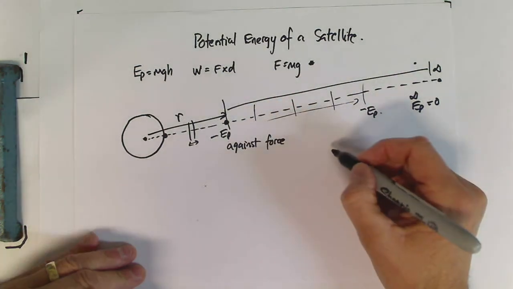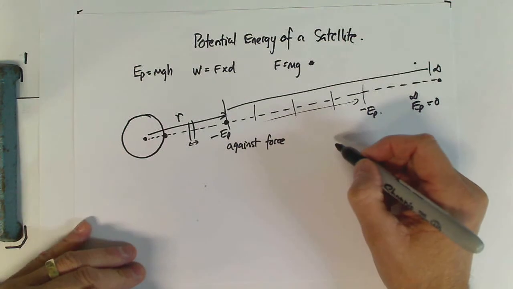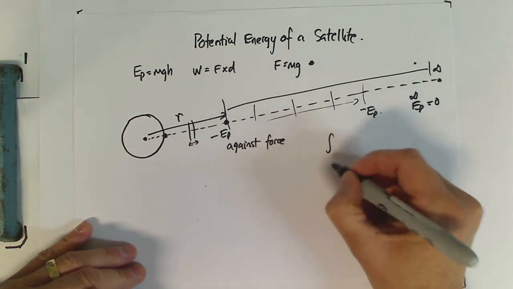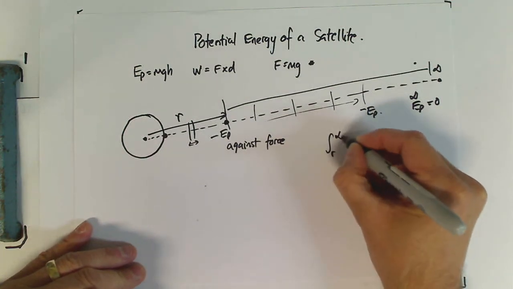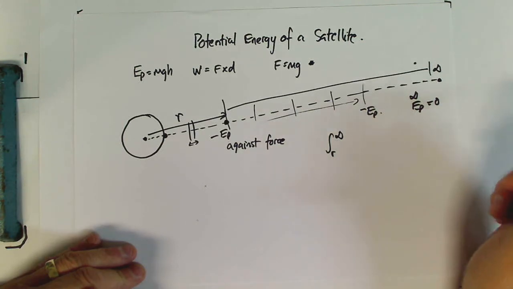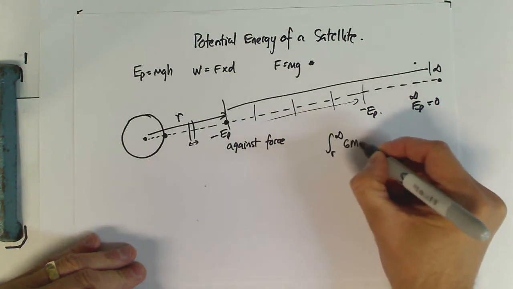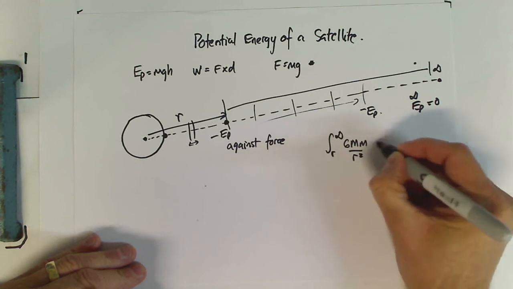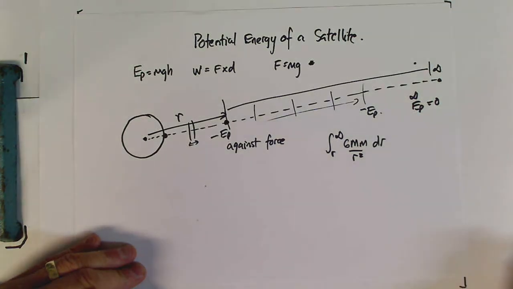So we're going to have to do a little bit of calculus, nothing too horrible. We'll do an integral from r out to infinity of the force times the distance. And if we do that integral, you know how the r's are going to work. R squared is going to become r to the minus 2, so we increase it by 1, divide by that, and it's going to become r to the minus 1.